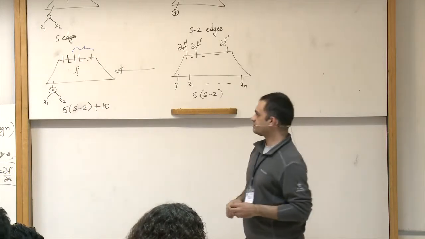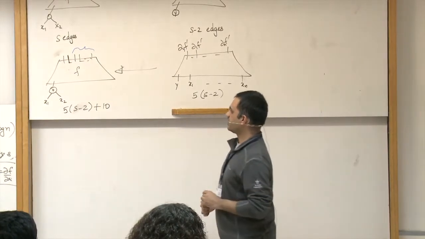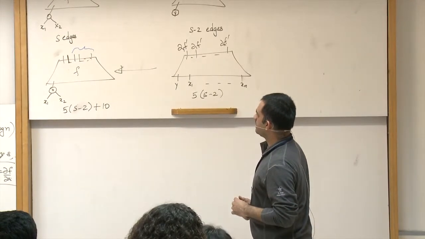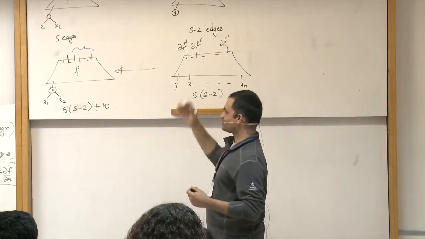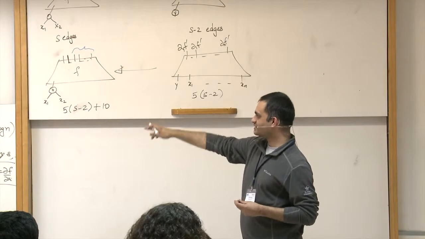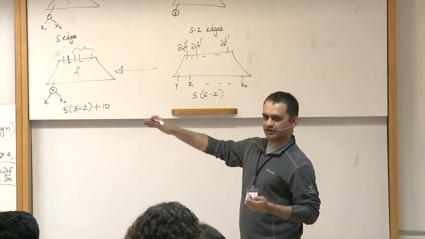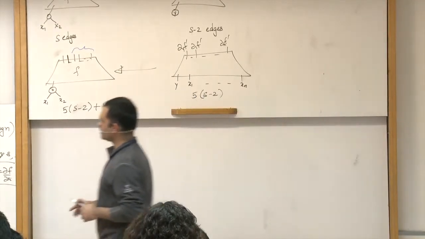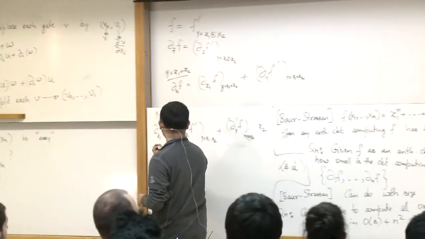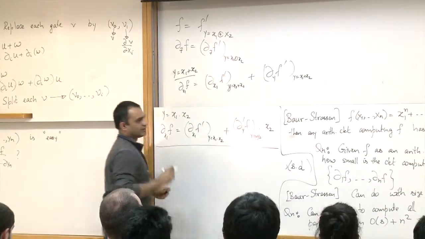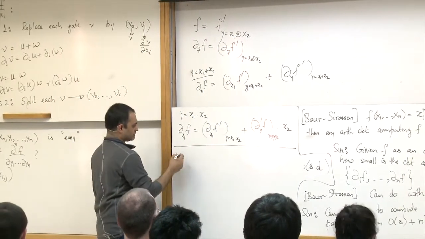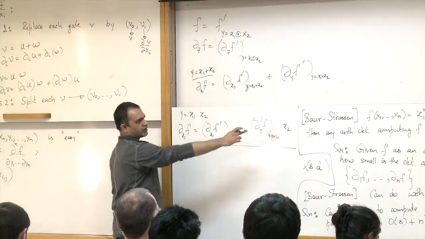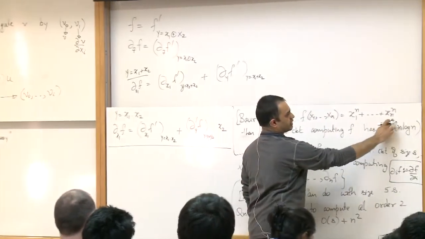Okay, I clearly have a lot of time, so let me just give maybe a trailer to what happens in Baur-Strassen. Why is this useful for proving lower bounds? What would eventually end up happening is something along the lines of, I want to compute this polynomial.